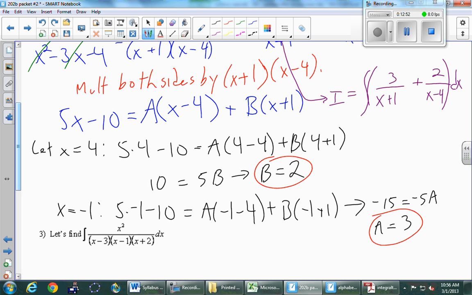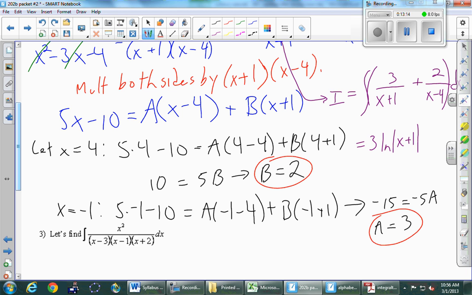All right, so now we've got two little integrals over here. What are we going to do? We're just going to write the answer. These are u substitutions, but they're very simple u substitutions. That 3 can come out of the first integral, ln of what? X plus 1. That's the first part. It's a little u substitution.